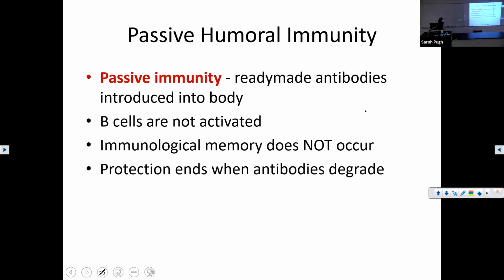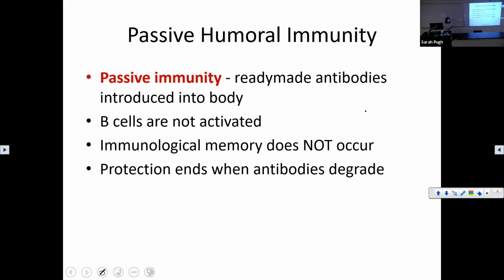Now, other than active immunity, we also have passive immunity. Passive immunity is basically when antibodies are just put in your body. You're not activating your immune system. Your B cells aren't recognizing a foreign antigen. They're not making clones. They're not making plasma cells. They're not making memory cells.